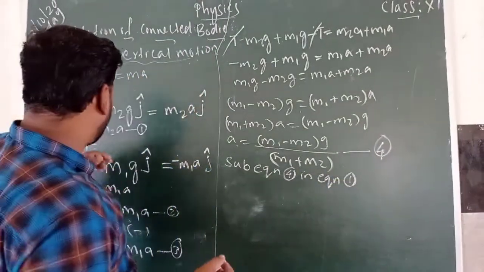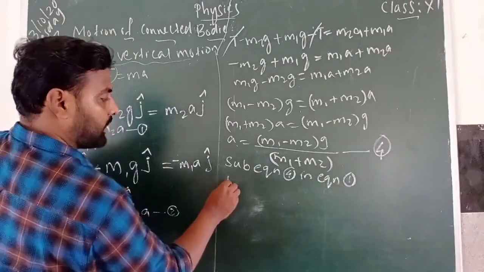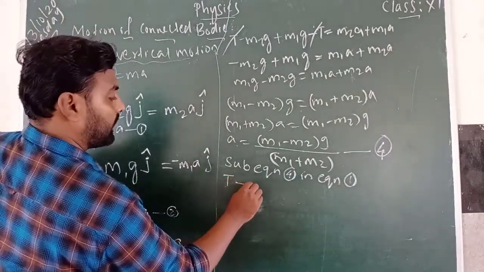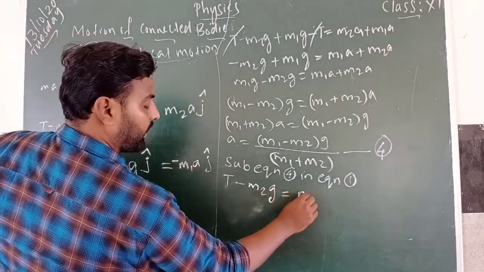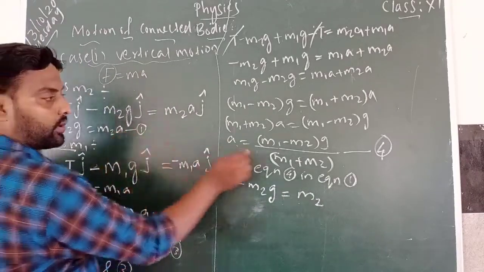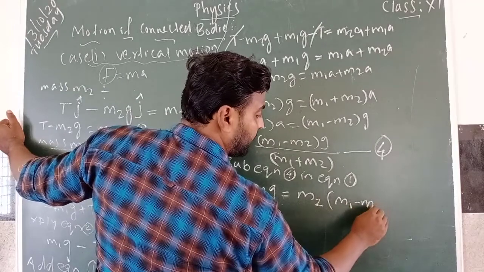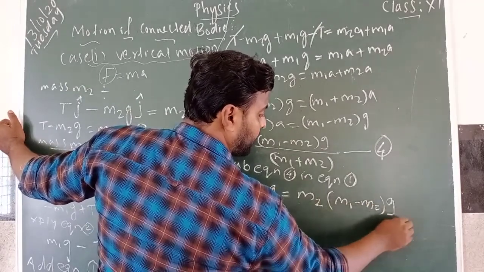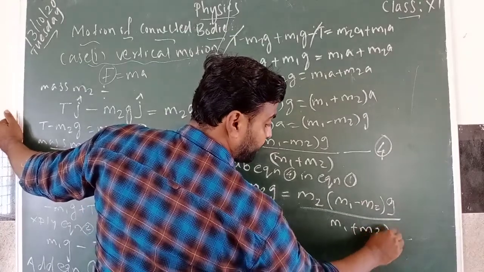So where is equation 1? We can see here T minus M2G equal to M2. Instead of this A, you have to substitute this value: M1 minus M2 into G by M1 plus M2.